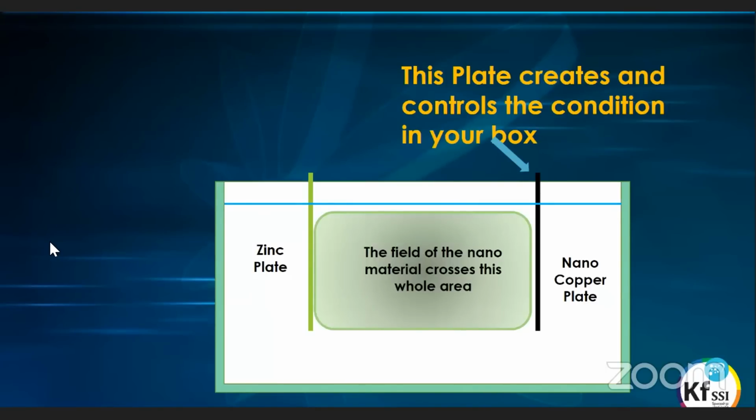Now, it's important to understand that the nano copper plate you've created controls the condition in your box, because you've created those nano layers, the field from that material crosses this whole area between your two plates and creates that condition within your box.